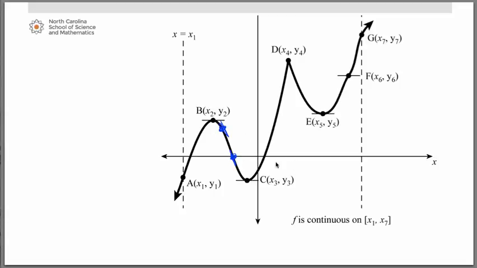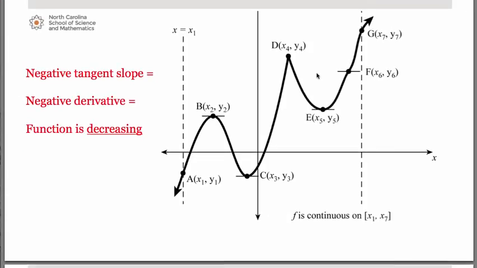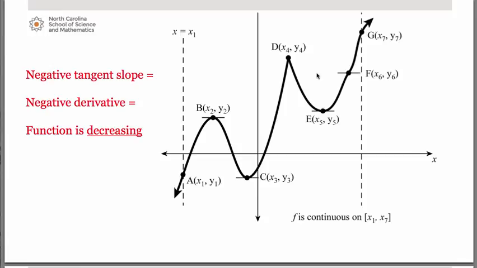The next interval that looks like it is decreasing is in between D and E. And once again, if I pick a point and draw a tangent line, that tangent line has a negative slope. So once again, think about the common characteristics. Now, if the tangent line had a negative slope to it, that tells us the derivative, therefore, will be negative, and it's at those locations that the function is decreasing.